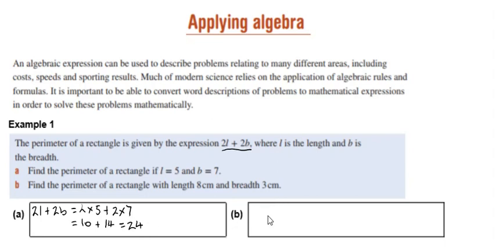Second question, find the perimeter of a rectangle with length 8 centimeters and breadth 3 centimeters. Well, let's write out our formula again. 2L plus 2B. 2L means 2 times L, so it's 2 times 8. 2B means 2 times B, which in this case B is 3, so it's 2 times 3.